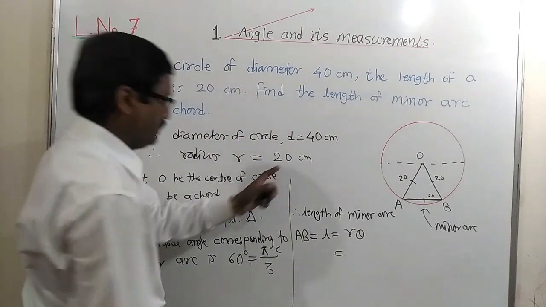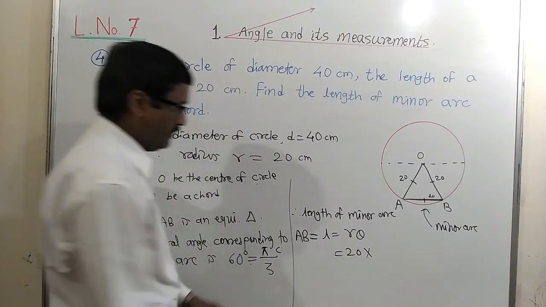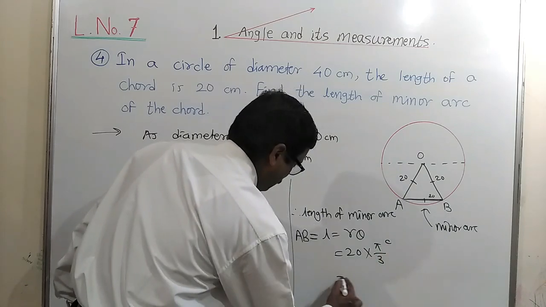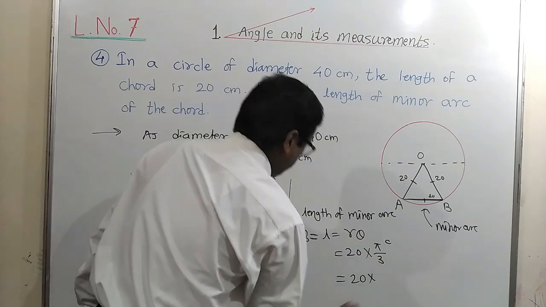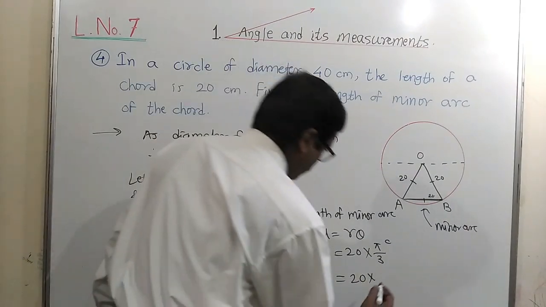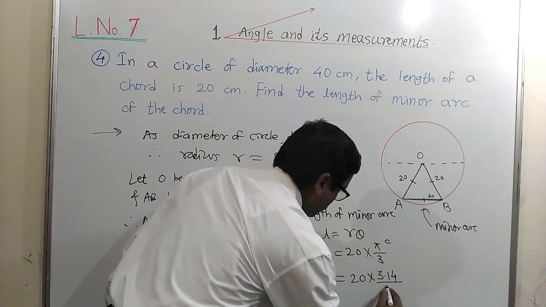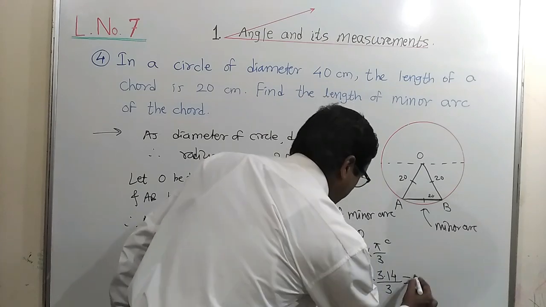Here r is 20 centimeter and theta is pi by 3 radian, that is equal to 20 into pi, which is 22 by 7 or 3.14, upon 3.